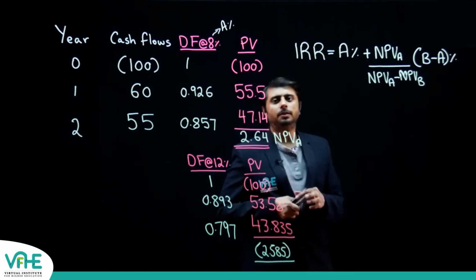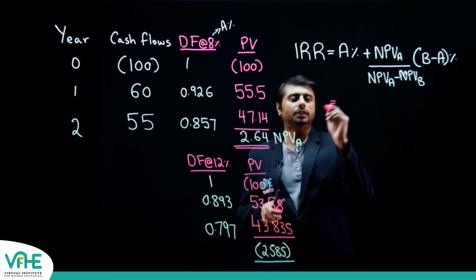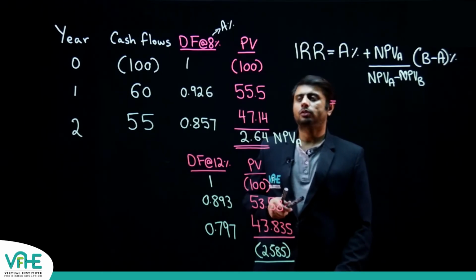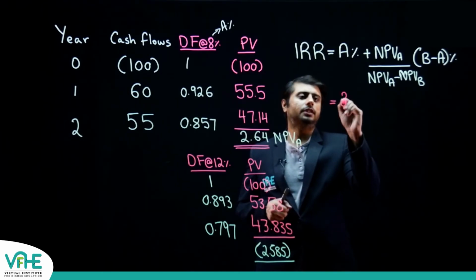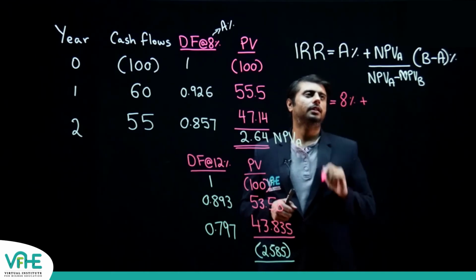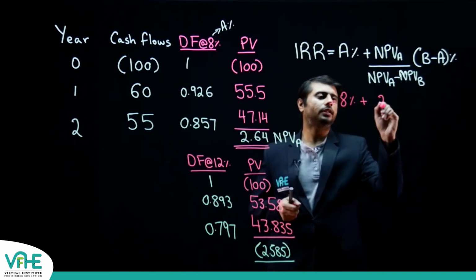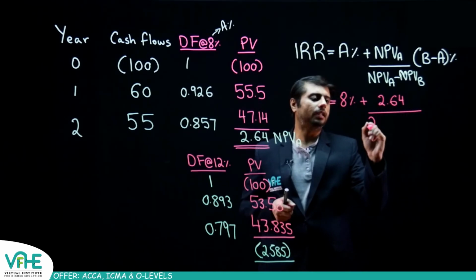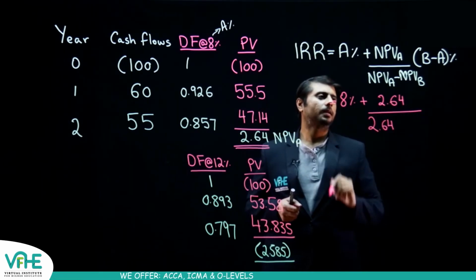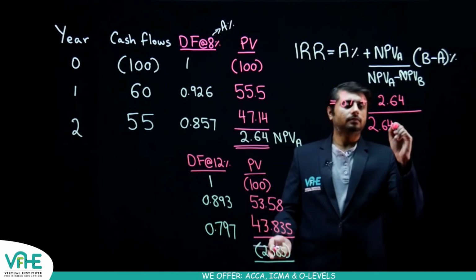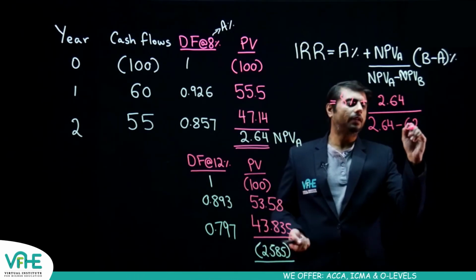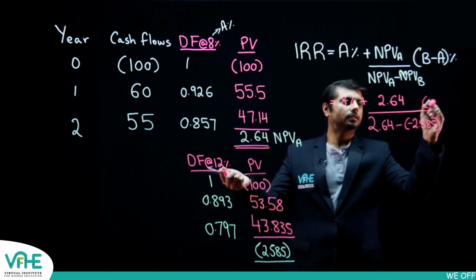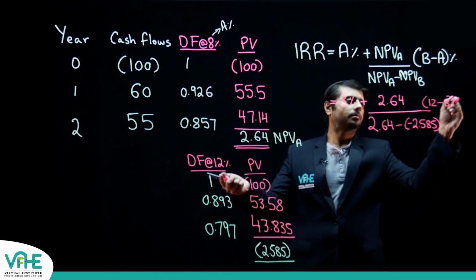So now using this formula, we will put all the values in it. A% should be the 8% amount. So A%, which is 8%, plus NPVA which is 2.64, divided by NPVA 2.64 minus 2.585, multiplied by B minus A%.